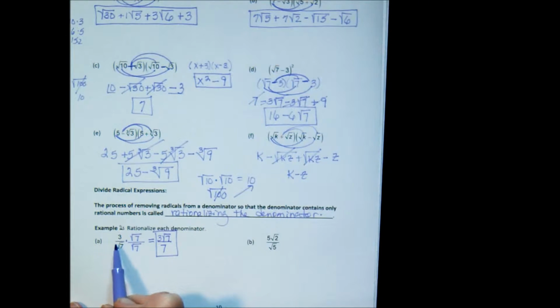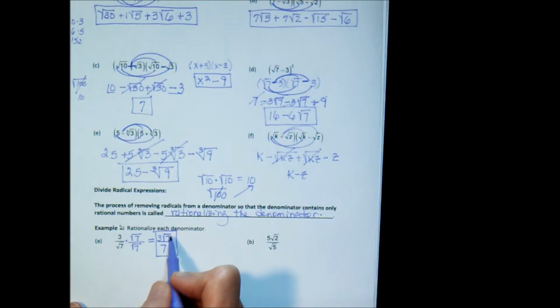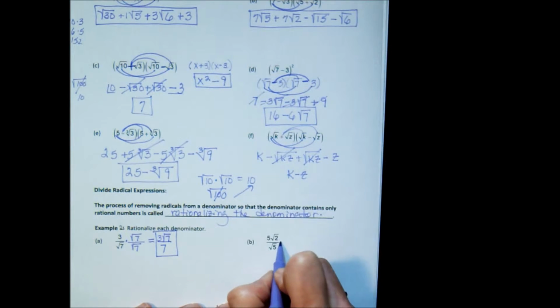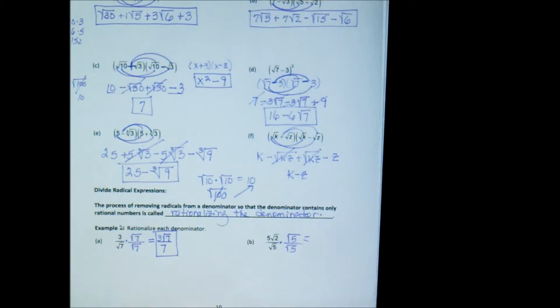This is not. Now be careful again. You cannot cross cancel a number outside the radical with one inside. Here, to rationalize the denominator, I'm going to multiply by square root of 5 over square root of 5. That's going to give me 5 square roots of 10 over 5, since square root of 2 times square root of 5 is square root of 10, and square root of 5 times square root of 5 is square root of 25, which is just 5.